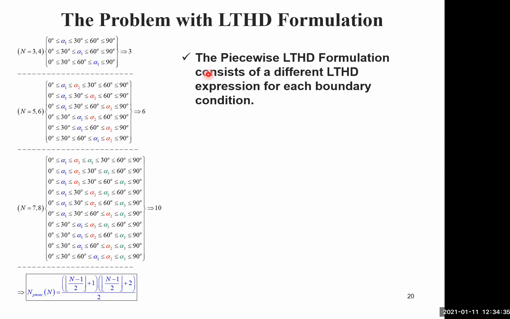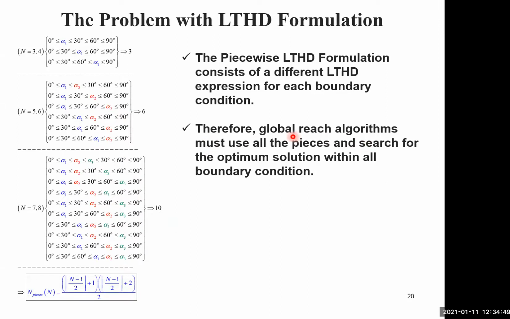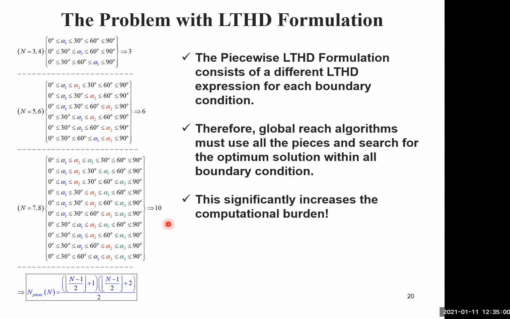So the problem is that the piecewise LTHD formulation consists of a different LTHD expression for each boundary condition. You need a different complicated expression for each boundary condition. Therefore, global search algorithms used to find the optimum value must use all pieces and search for the optimum solution within all boundary conditions, which significantly increases the computational burden.